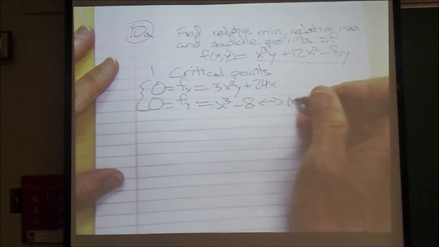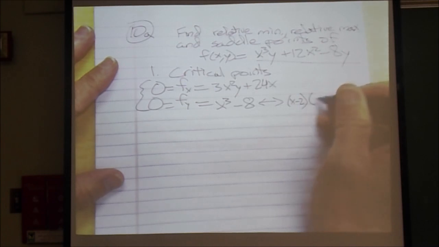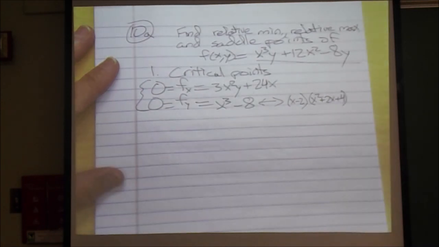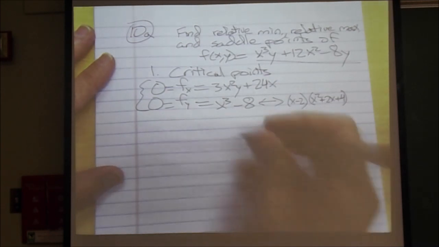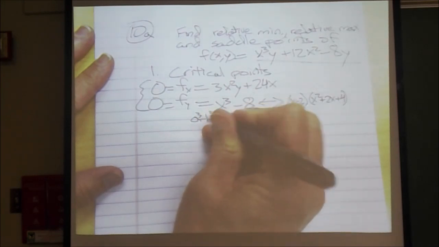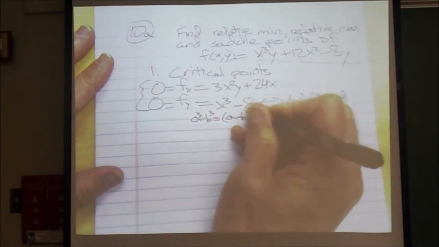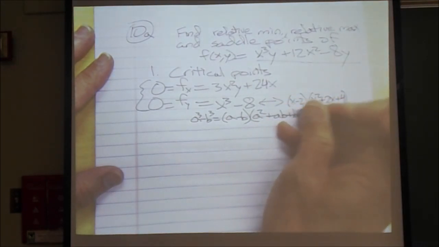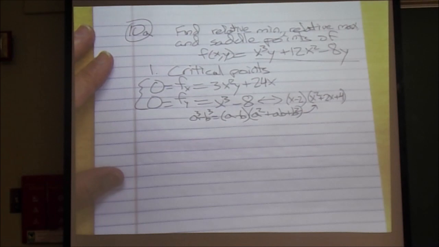X cubed minus 8 factors as (x minus 2) times (x squared plus 2x plus 4). By the formula for factoring, a cubed minus b cubed factors as (a minus b) times (a squared plus ab plus b squared). So I use that formula to do this factoring here.